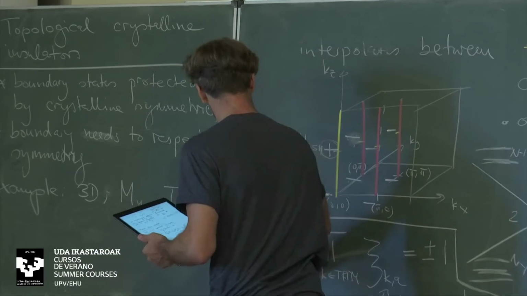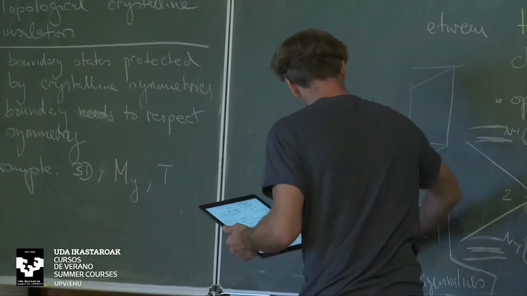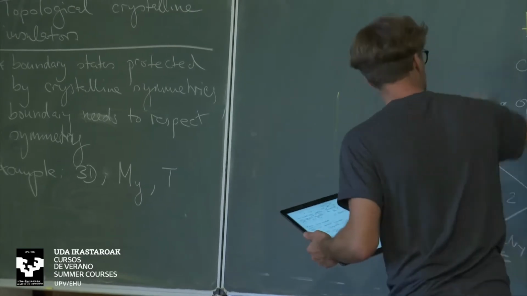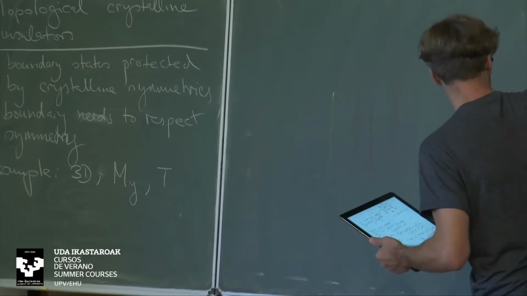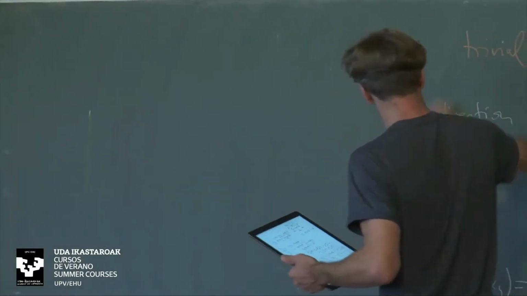Again, it's most fruitful to look at the Brillouin zone in the 3D bulk first, and think about what mirror symmetry does in this Brillouin zone.